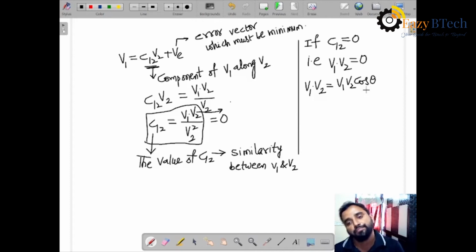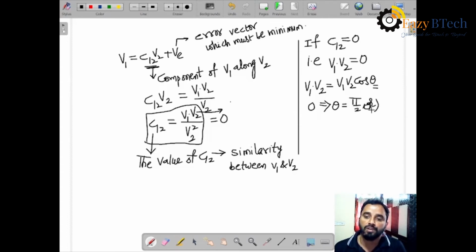So V1 dot V2 is 0 depends upon theta. Theta is equal to 90 degrees or pi by 2 radians. Whenever the angle between two vectors is 90 degrees, C12 is 0 and the dot product is 0.